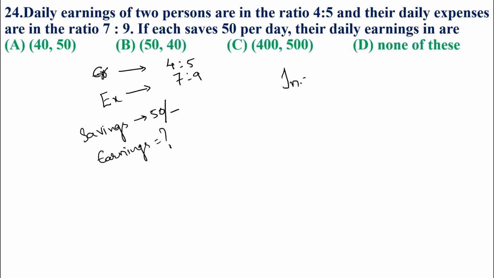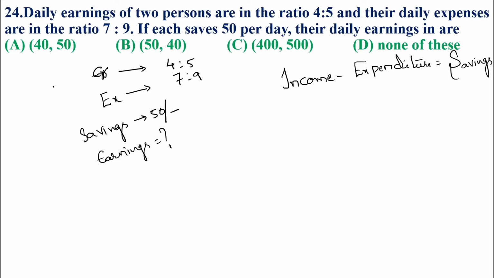Income minus expenditure will give savings. Or expenditure is equal to income minus savings. Or income is equal to expenditure plus savings. Like that you can derive.